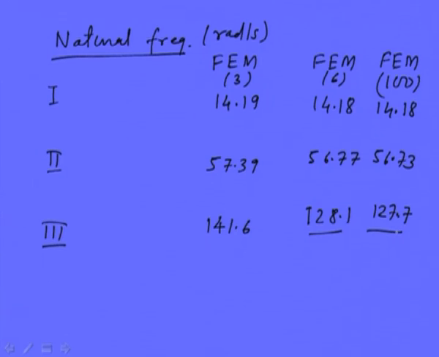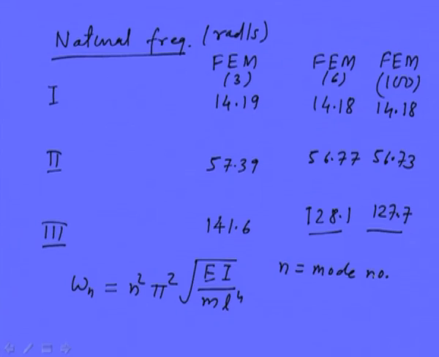And if we see the exact formulation, the natural frequency for a simply supported beam is given as n squared pi squared E I by m L to the power 4, where n is the mode number 1, 2, 3, and m is the mass per unit length, rho A. Here E and other things we already mentioned previously.